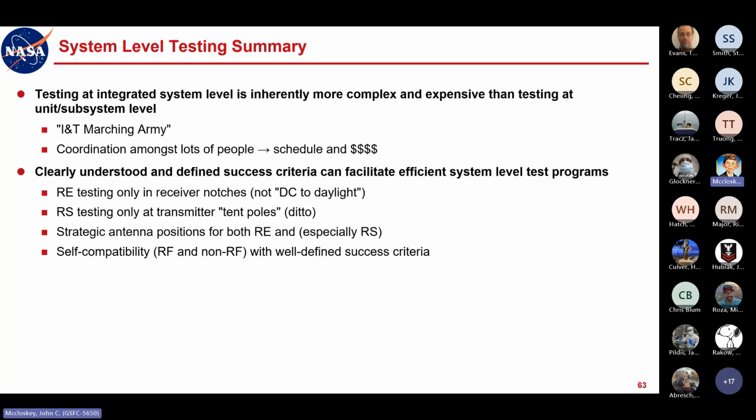And structure your self-compatibility tests with very well-defined success criteria. And with proper planning, each one of these tests can be completed in one day. And we've got lots of experience to back that up. And that's what I have. Anybody have any questions or comments?